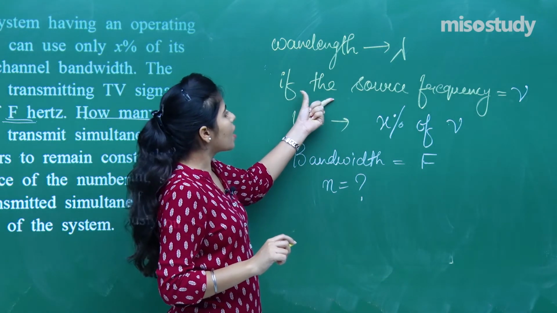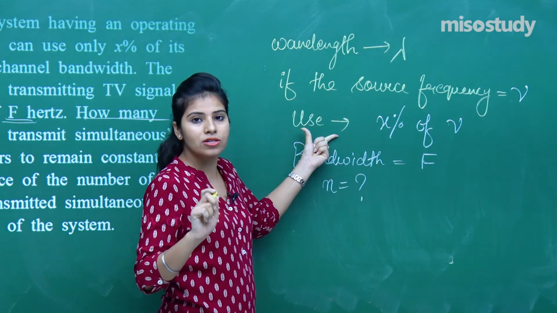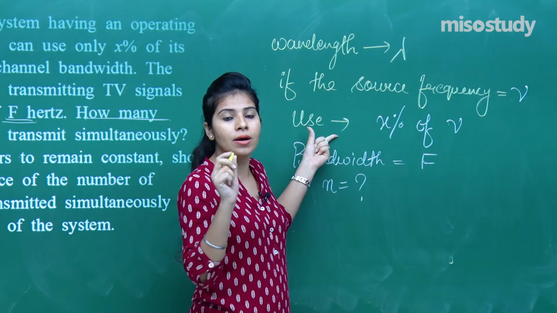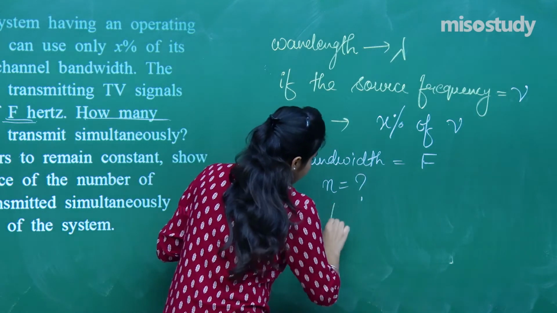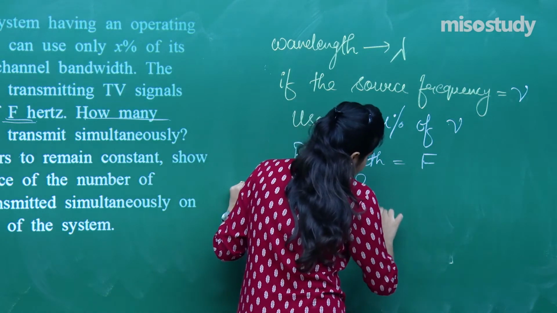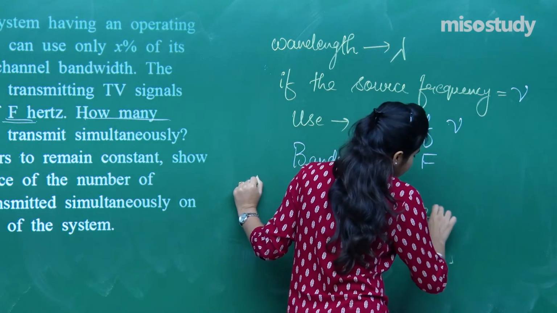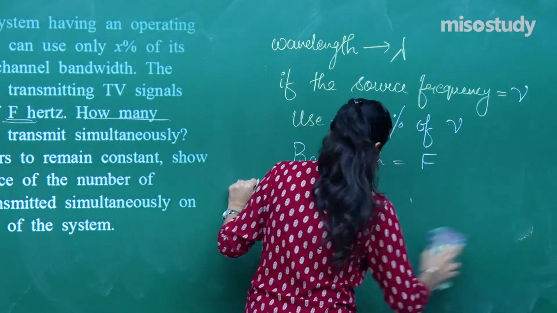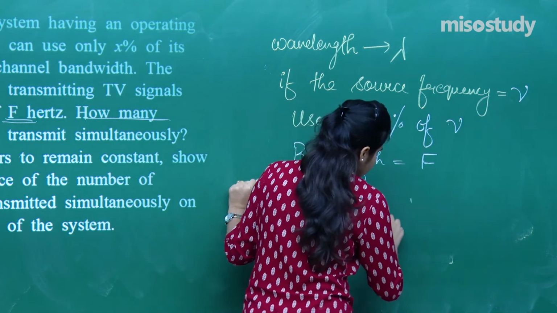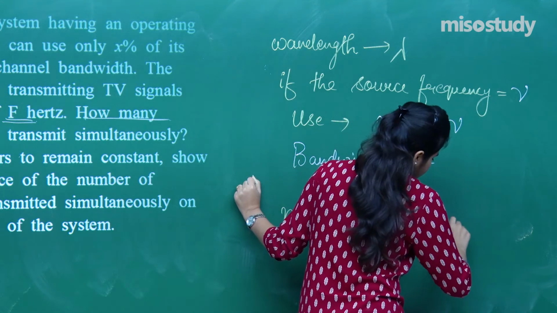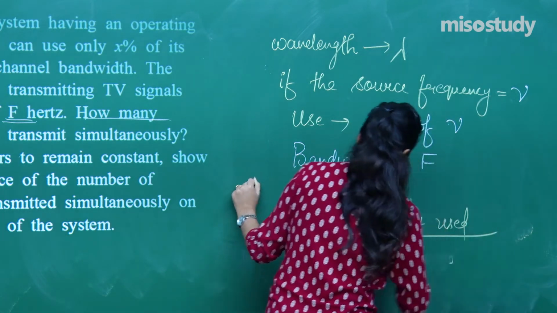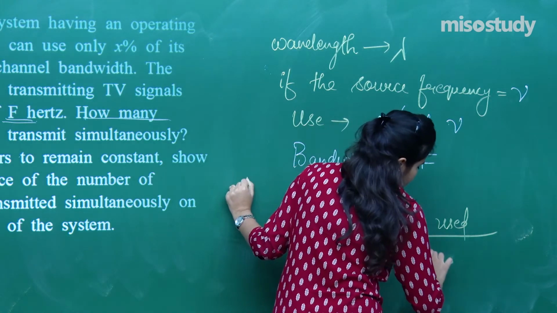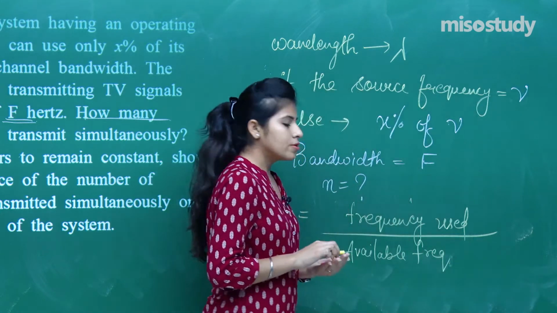So you know that we are using only X% of frequencies, and I told you the formula to find the number of channels is nothing but the frequency used upon the available frequency, or the bandwidth you can say. Okay, this is the formula.